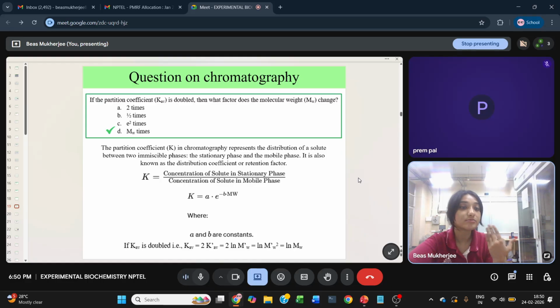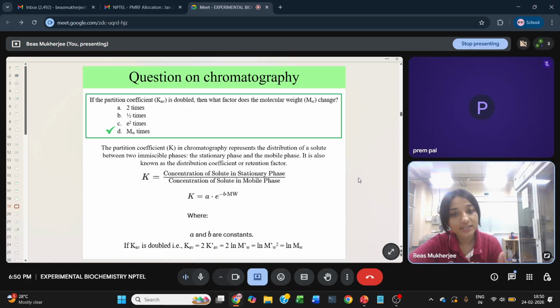Now if K becomes 2 times, then which are the components that are not changing? So A and B both are constants and it is e to the power minus mw. Right, so then how is mw getting affected? So then you get log inverse of this K, and then the final answer is ln into molecular weight.